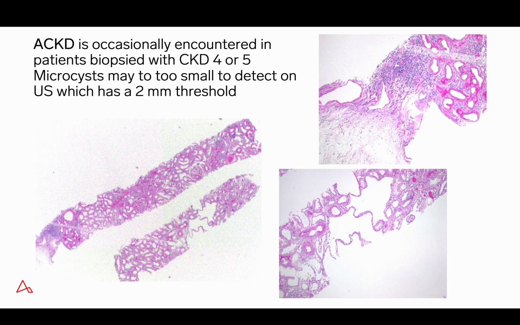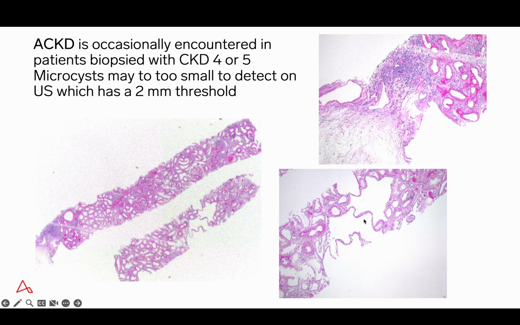Now, acquired cystic kidney disease doesn't develop prior to the onset of end-stage renal disease. So in patients biopsied with CKD4 or CKD5, we will see this disease not infrequently present. The example shown here shows several small cysts. We can see a cluster of 3 right here, a small cyst up here.